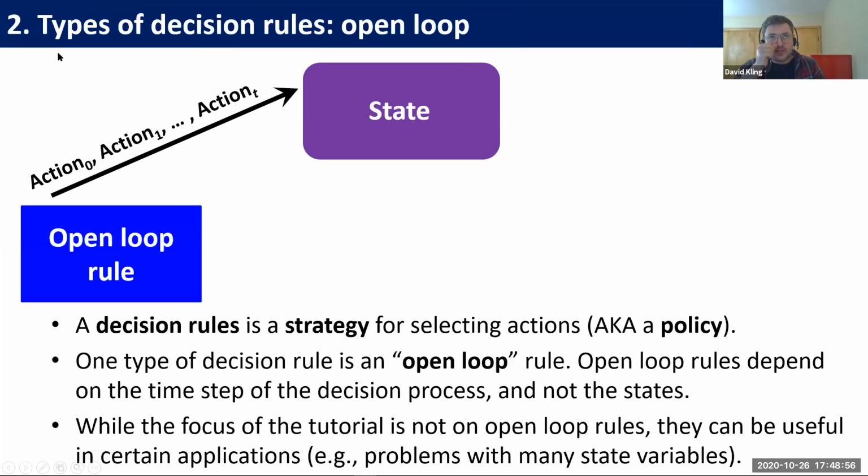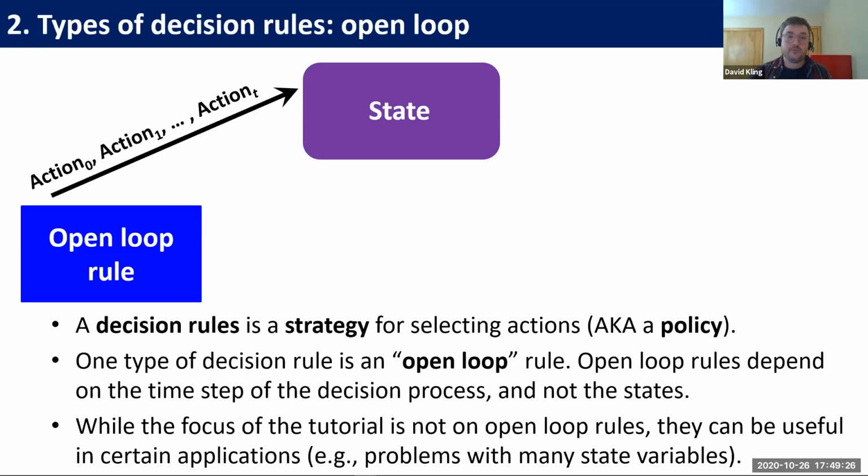So some more jargon, or a little more positive spin terminology, that's useful for us to have under our belt. Another type of strategy is what's called open loop. I might switch between labels, but another word for a strategy in this context is a policy. And I think policy may be somewhat more common in the technical literature.